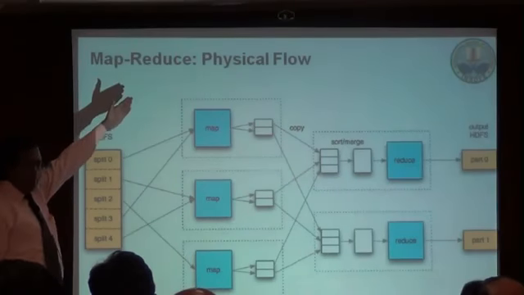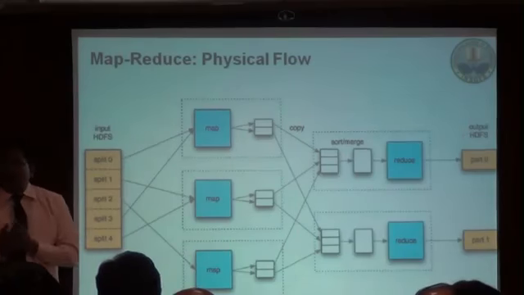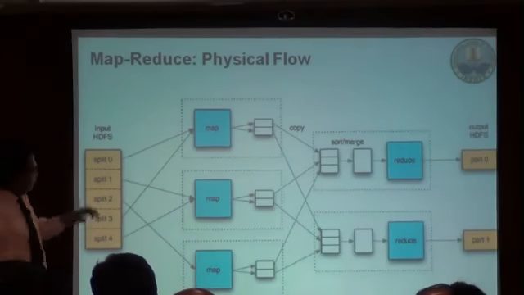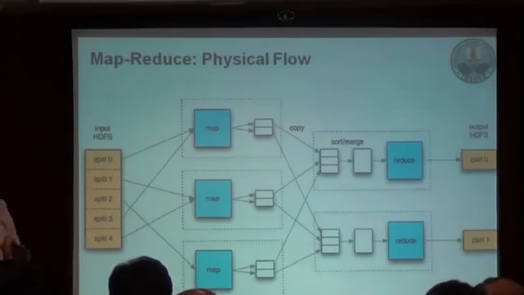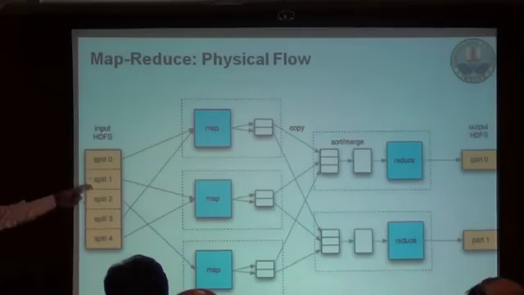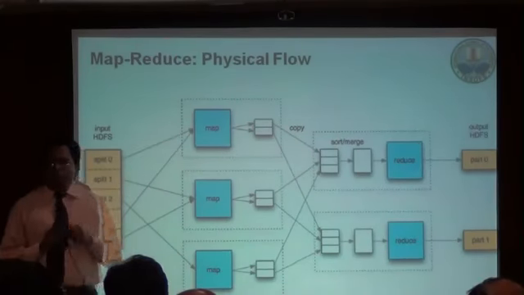What happens in MapReduce is mapper tasks are running on individual data nodes. In this case, split 0 and split 3 are sitting on the same physical machine. Hence, both of them are being handled by the same mapper job.